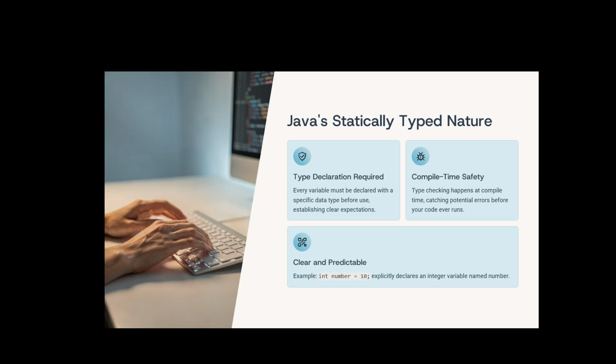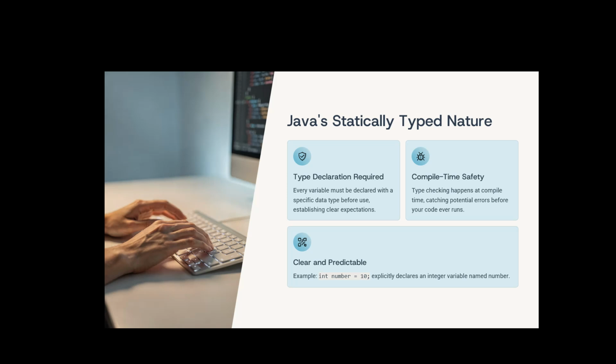And this makes it really clear and predictable. In fact, it also helps in compile time safety. Type checking happens at compile time, catching potential errors before your code ever runs.